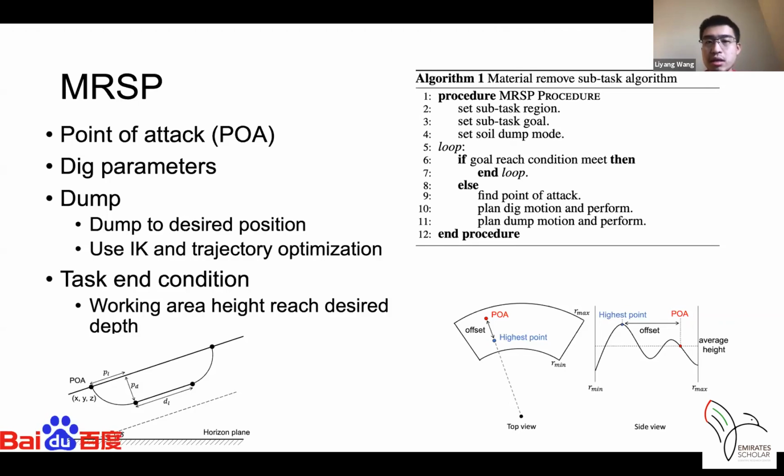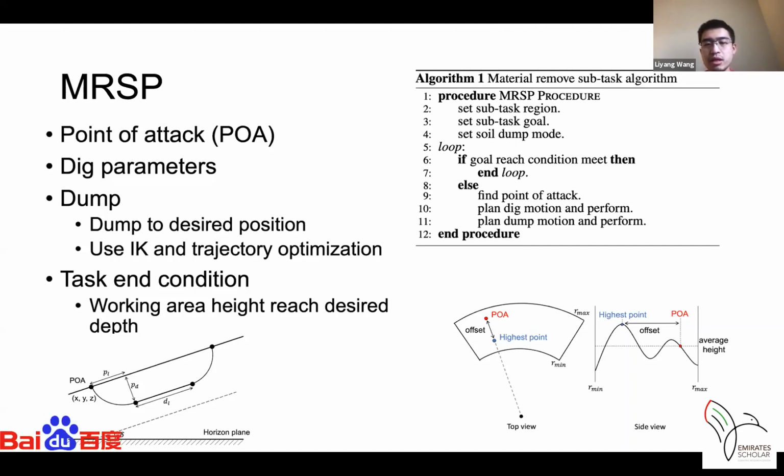And in the algorithm, the procedure is first to set the subtask region and then set the subtask goal, which is the end condition. So we can set how deep we want to clear this area. And then it goes to the loop to check if the end condition is met.